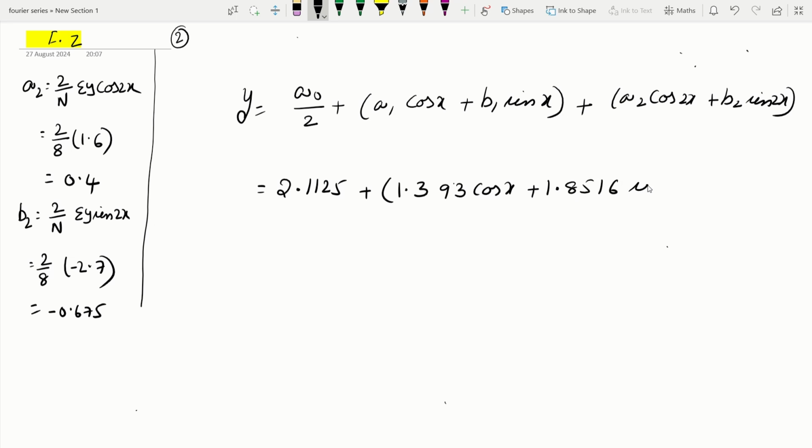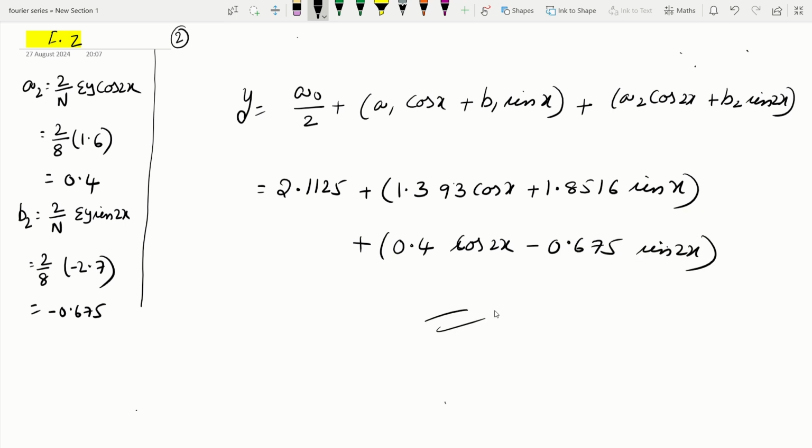Whatever answers we got, I am just replacing them, that's all. And here a2 is 0.4 cos 2x, and since there is a minus here, let me write minus 0.675 sin 2x. This is the answer.